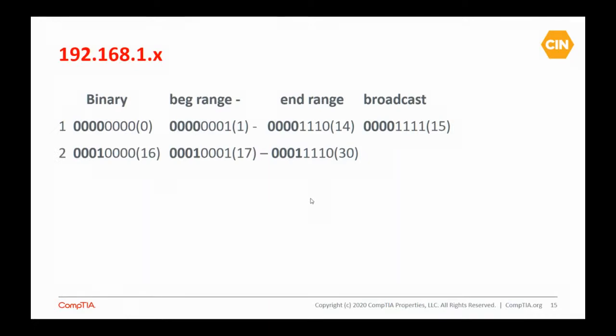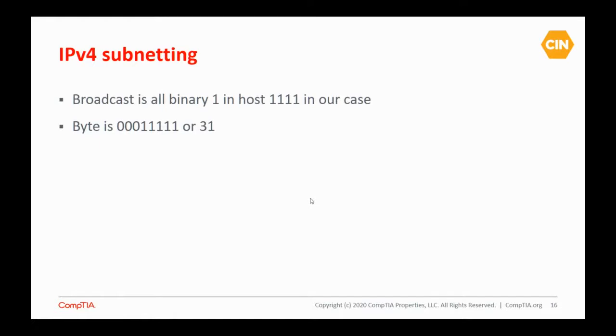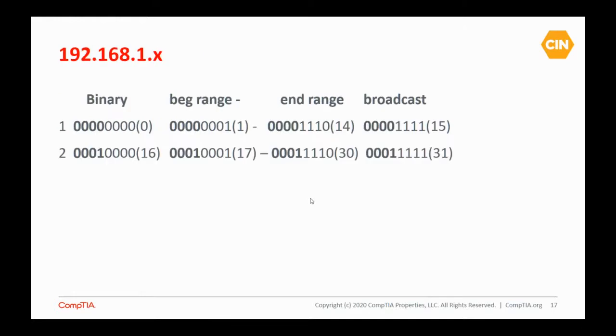And then for the broadcast address, we're going to do the same thing, except we'll have 4 1s in the host area, so it works out to 31. It's all binary 1s in the host area, but our network area stays constant all the way across, because for this subnet it is 0001. So this is 31.